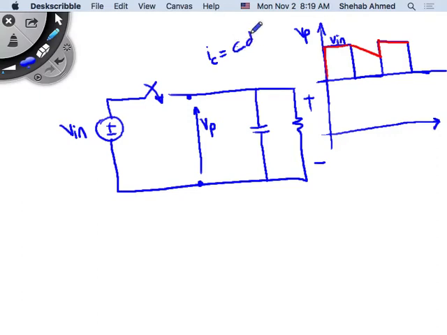IC equals C dVc by dt. So what did I do here? I'm trying to put a huge voltage on the capacitor, meaning try to change the capacitor voltage instantaneously. If you try to change the capacitor voltage instantaneously, what's going to happen to the capacitor current? It will shoot up very high, right? So you end up with huge spikes in current because of these zones where you're trying to change capacitor voltage almost instantaneously, right? Capacitors don't like that. Capacitors like voltage to rise slowly.